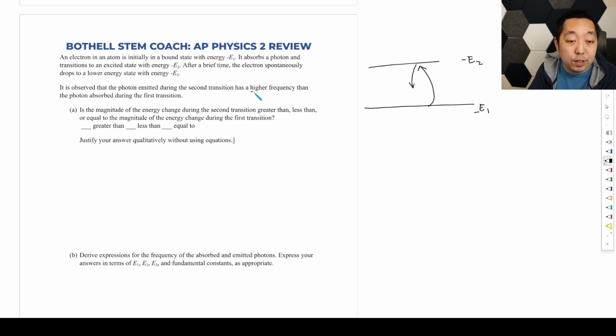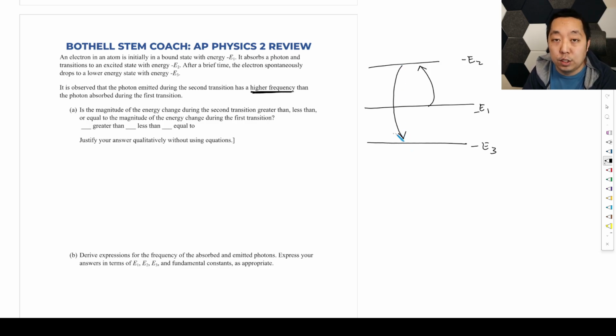Well, because there's a higher frequency, it's going to have more energy. So this emitted photon has more energy, so it's going to drop down to here and become negative E3 like this. So this is kind of the picture, because you have a bigger energy difference, which means more energy of the photon emitted here.